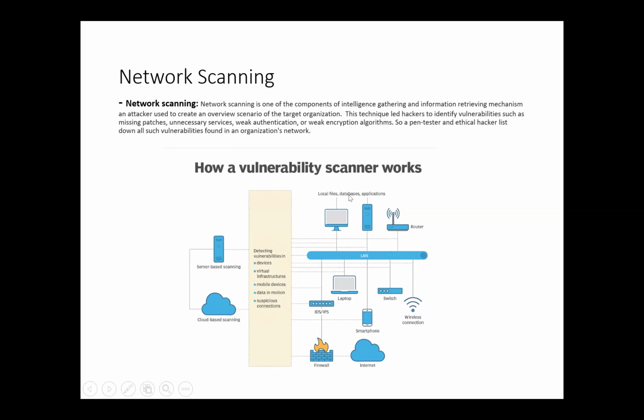It scans your server-based and cloud-based systems and every device integrated or connected over your network, whether it is a local file, database, or application. Database, local file, and application are covered through the web application scan. Routers, laptops, IPS, IDS, and switches are scanned.